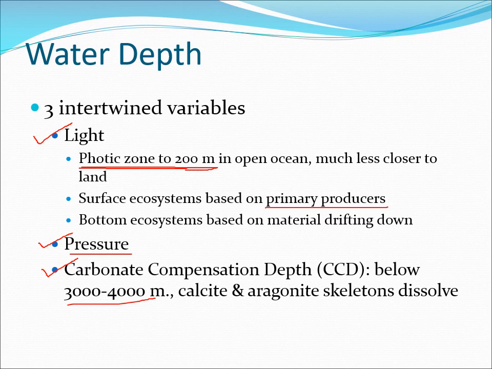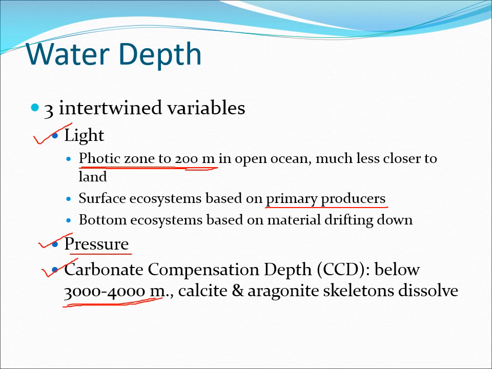So organisms having carbonate hard parts can only live up to this level. Beyond this level, carbonate hard part bearing organisms cannot sustain, because of the hydrostatic pressure and other physical and chemical changes, all the carbonates become completely dissolved at this depth.